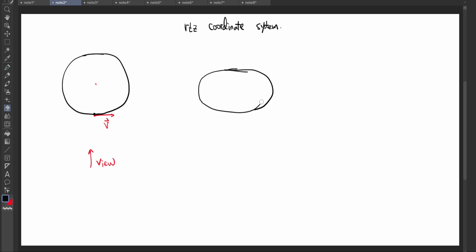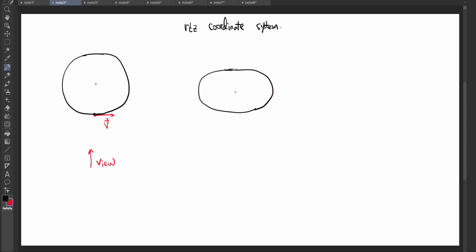The circular shape, if you view from the side, usually becomes kind of like an oval shape. And then we're going to use this angle here because it's easier to draw the RTZ coordinate system from this angle. Okay, so now let me draw the RTZ 3 directions.